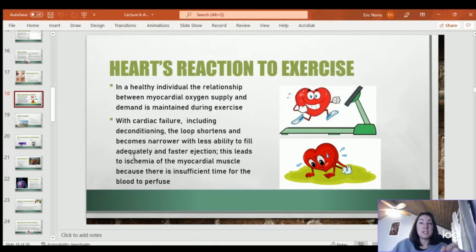And this can lead to ischemia, so decreased oxygen available for the muscles, especially the heart itself, which would cause chest pain if the heart does not get enough oxygen, because there's just not enough time for the blood to perfuse. The system is not adequate, and so the blood that's pumping through is not actually perfusing through the heart. The heart is pumping too fast, and the supply is not keeping up with the demand.